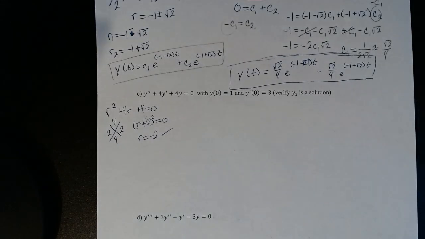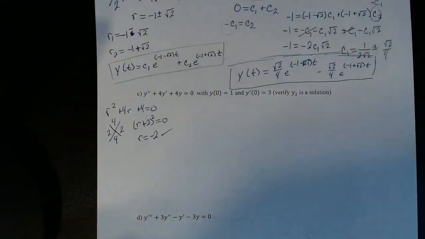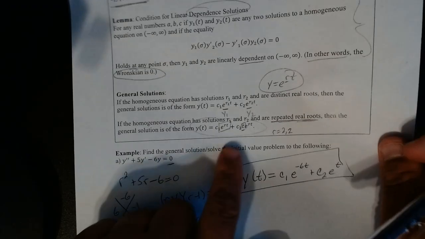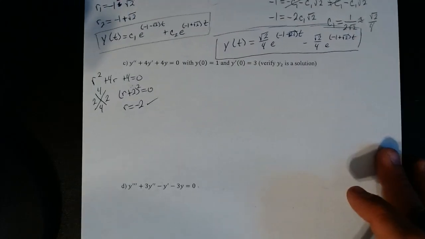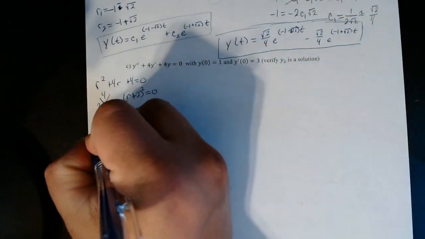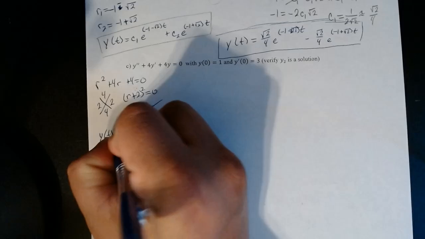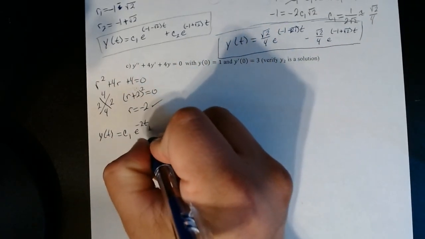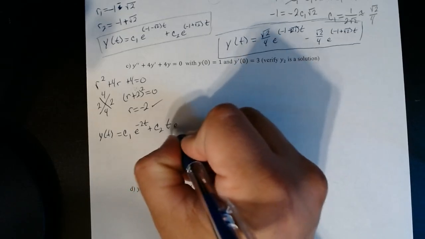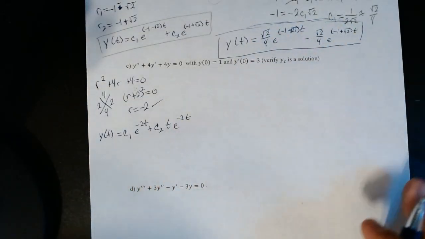So according to our equation, if it's repeated, we're going to just add a t in the front of it. So c1 e to the negative 2t plus c2 was just a t in front, and same thing.